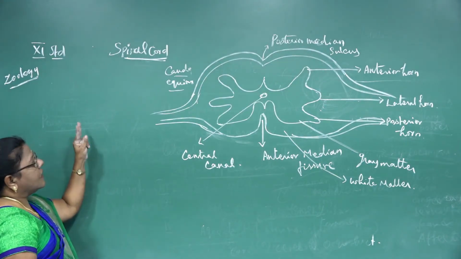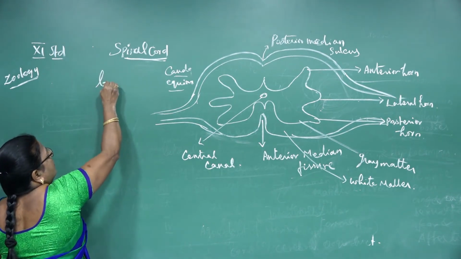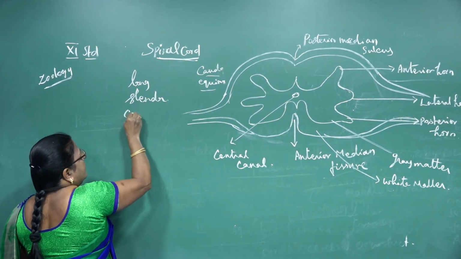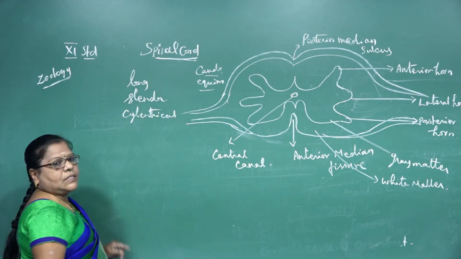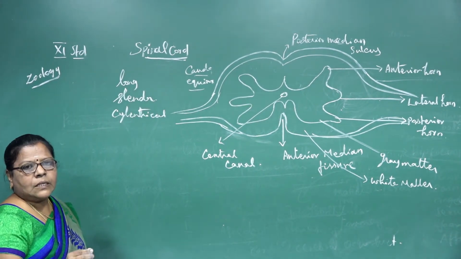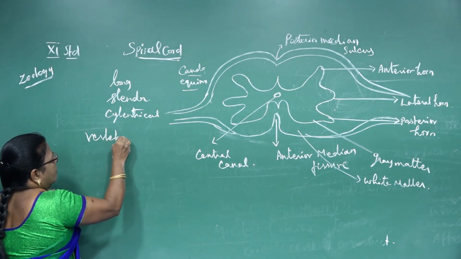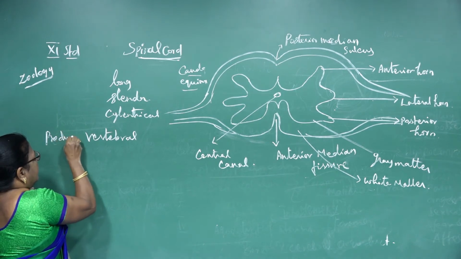Next, spinal cord. The spinal cord is a long, slender, cylindrical nervous tissue. It is protected by the vertebral column.